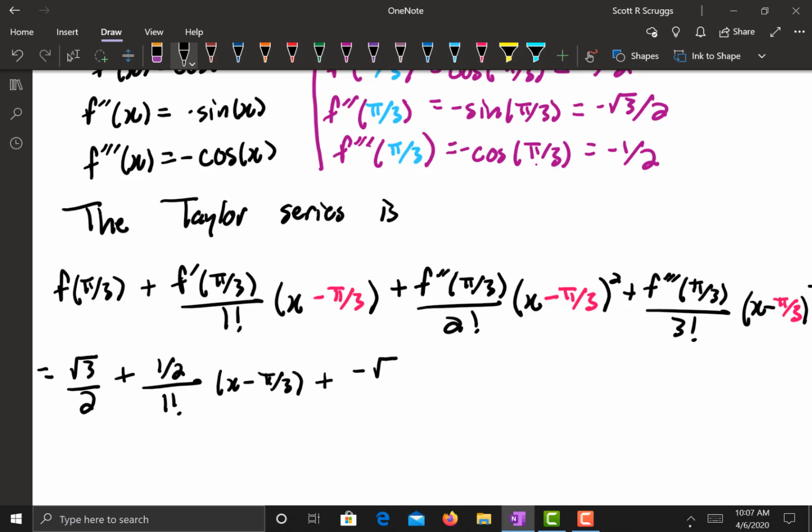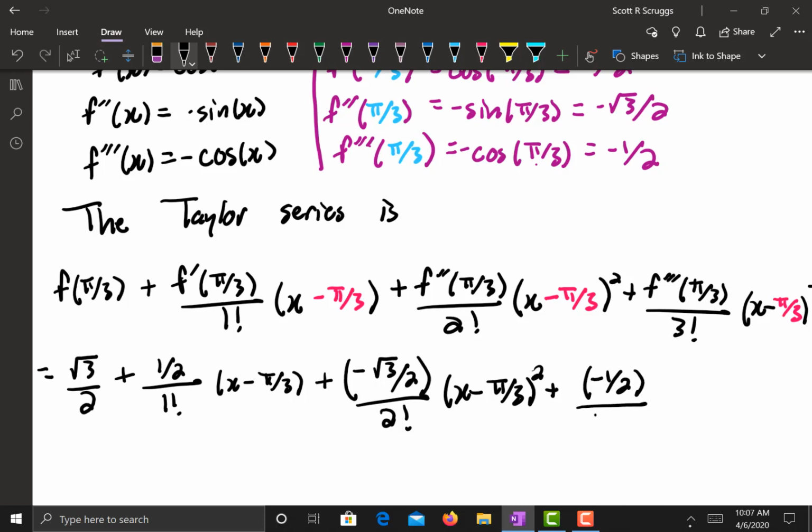So minus root 3 over 2 divided by 2 factorial times x minus pi over 3 squared. Let's make that 2 a little bit pretty. Plus third derivative, which is just negative 1/2 over 3 factorial x minus pi over 3 cubed, and then the pattern keeps on going.